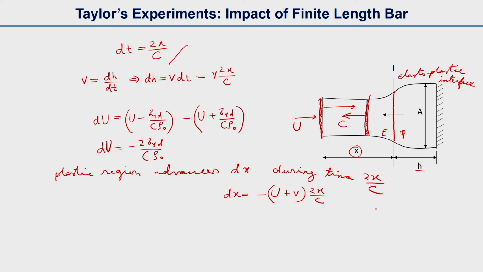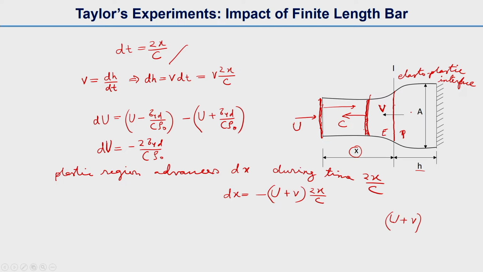Actually we earlier discussed the mass going from the left side of the boundary to the right side, that is, the virgin material goes inside the plastically deformed part. From conservation of mass, we showed that the mass in is u plus v, because the back surface is going at a velocity capital U, and this interface is coming at a velocity small v.